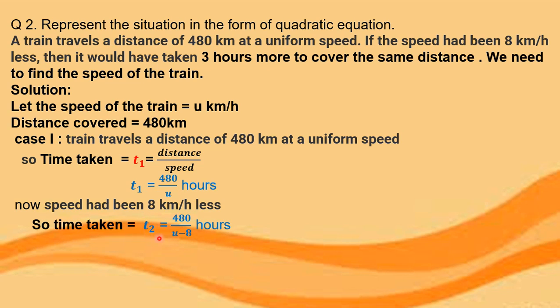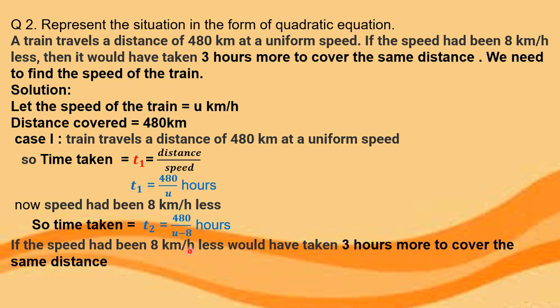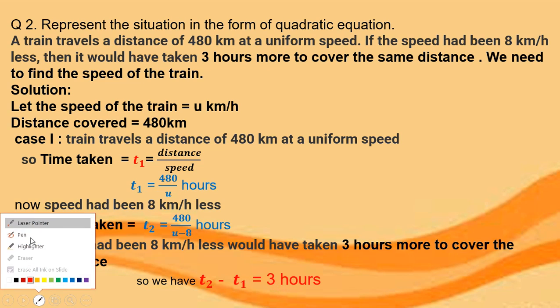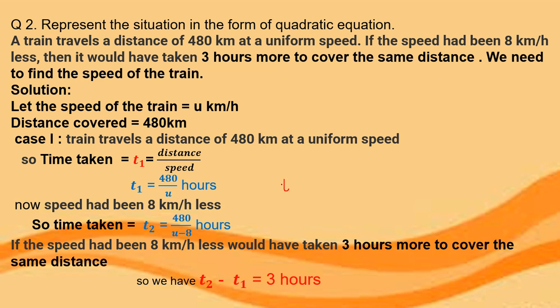So t2 is more than t1 by 3 hours. Here it is given that it would have taken 3 hours more to cover the same distance.